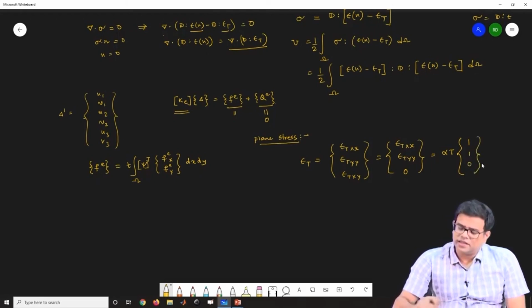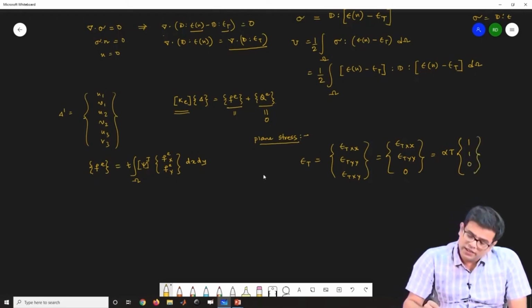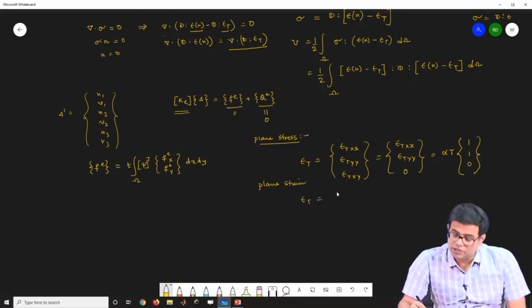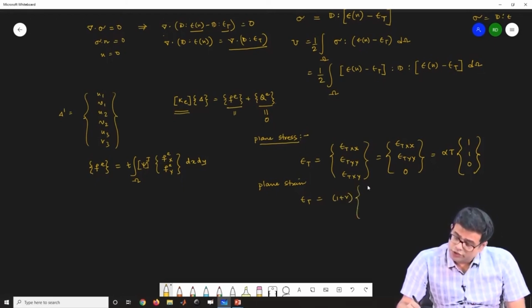So this is my thermal strain for plane stress. In case of plane strain, this expression is just multiplied by 1 plus nu, as you know from the constitutive equation for plane strain. So this is for the plane strain.